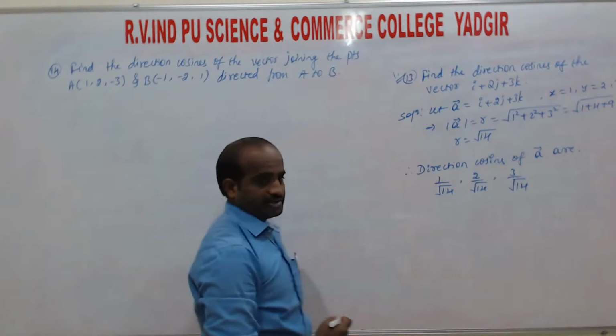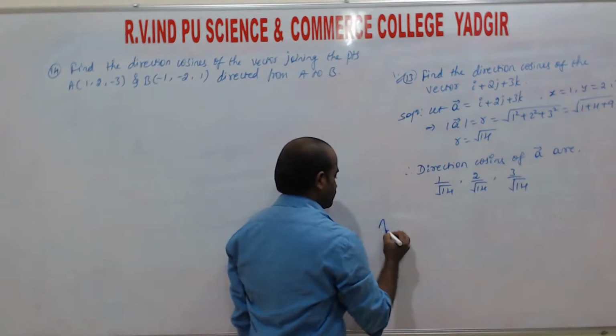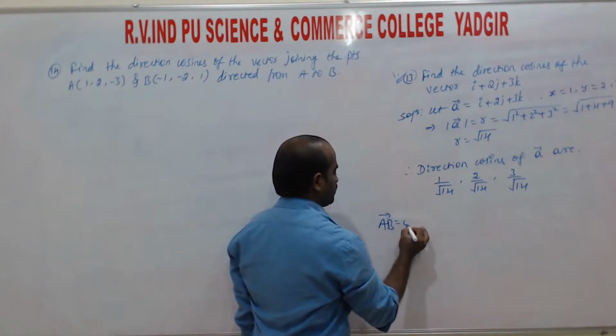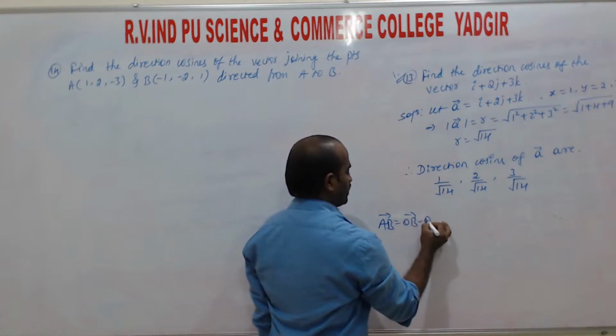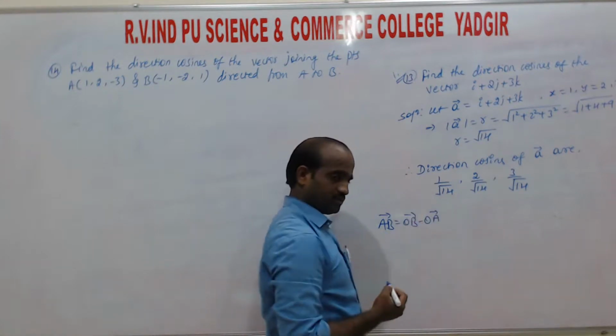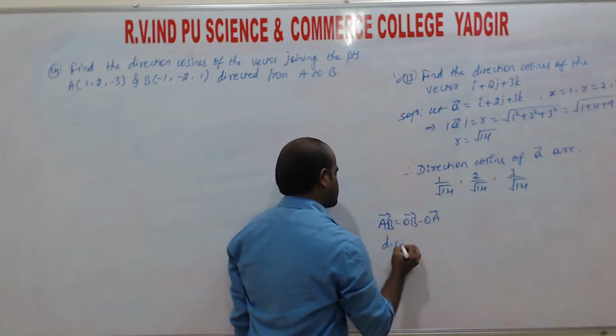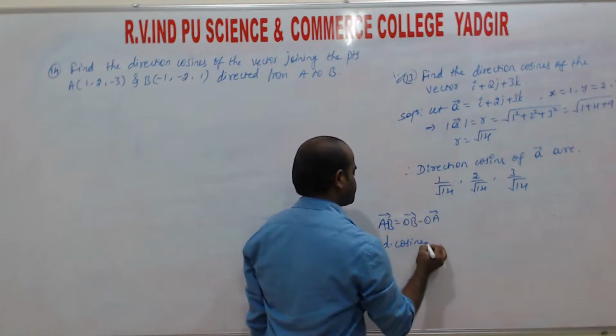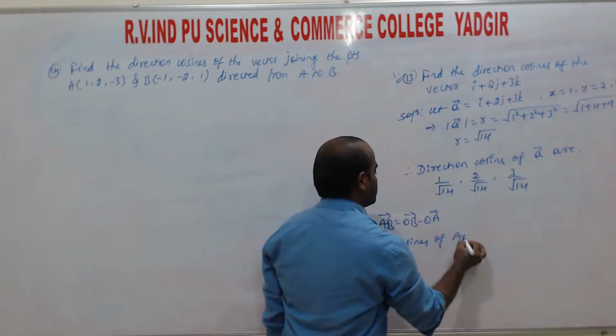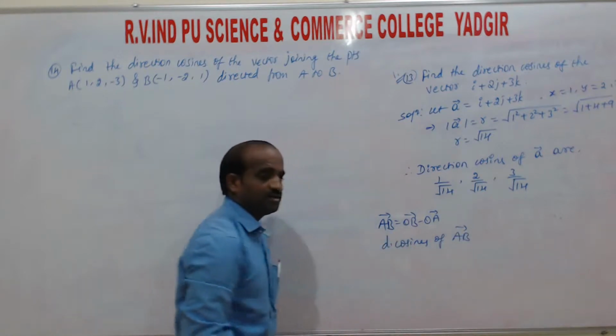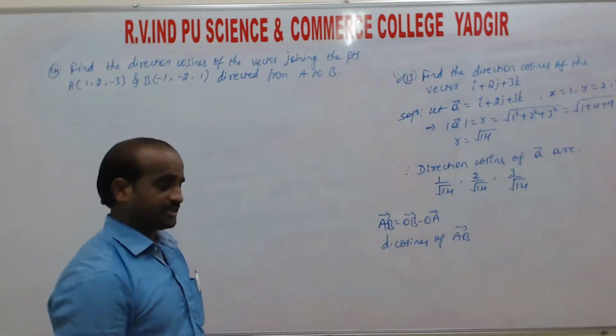The vector joining two points is AB vector, which is OB minus OA. Then we find the direction cosines of AB vector.